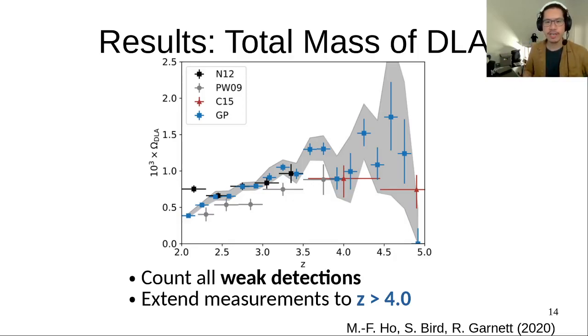But we note that most of the detections for z more than 4 are detections with very low posterior, so the error bars are very large. But overall, we can say we detect a moderate increase of omega DLA over the range of 2 to 4.